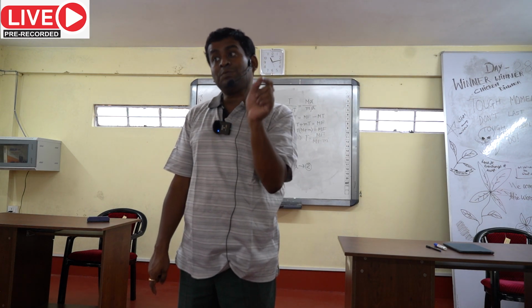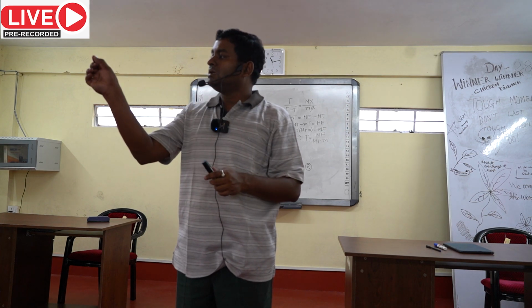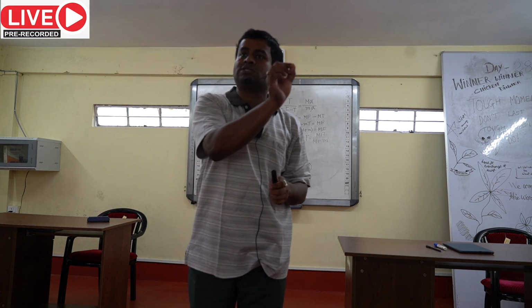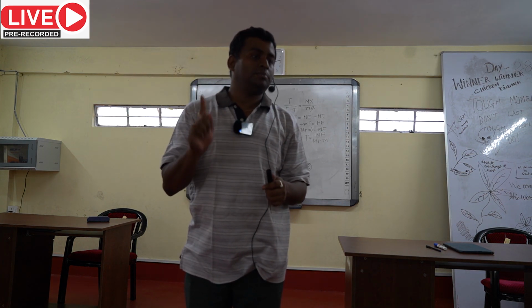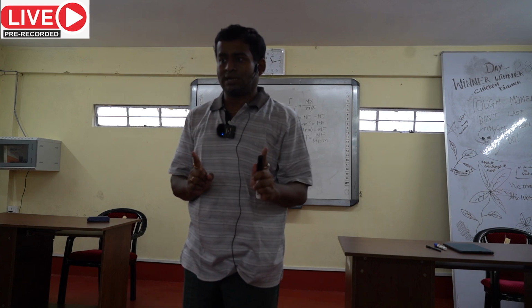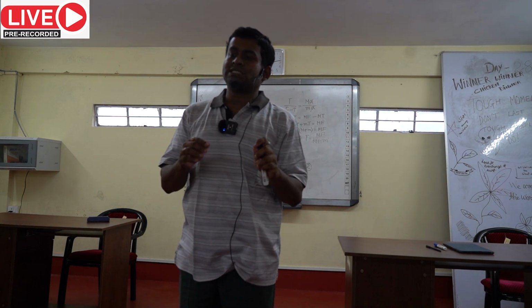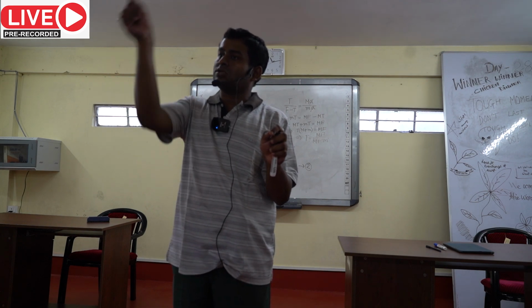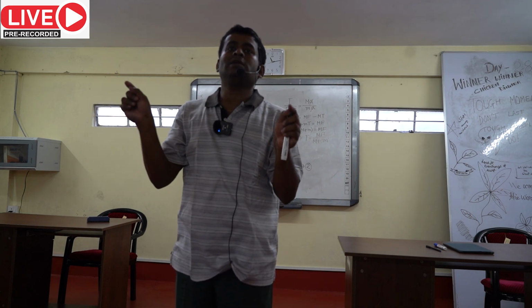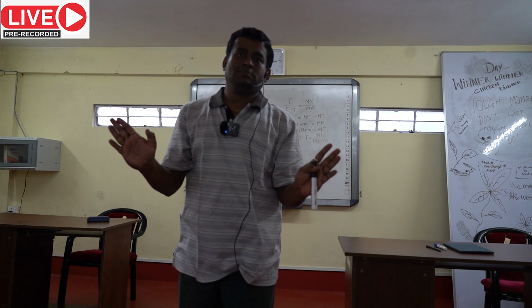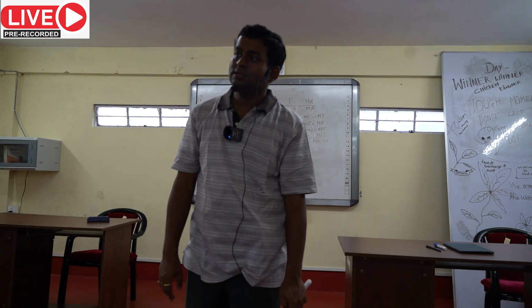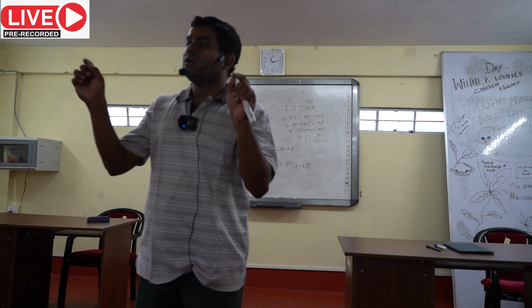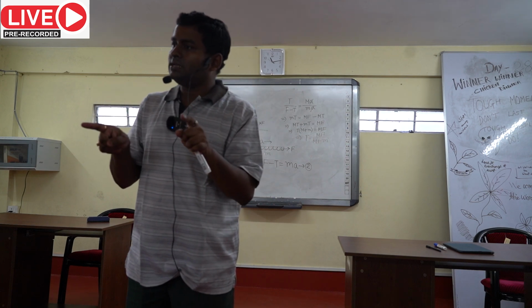Because if the string has mass, then at different points of the string, the tension force will be different. That will be more complicated. So for simplicity, we consider the massless string, and in a massless string at every point the tension remains the same.